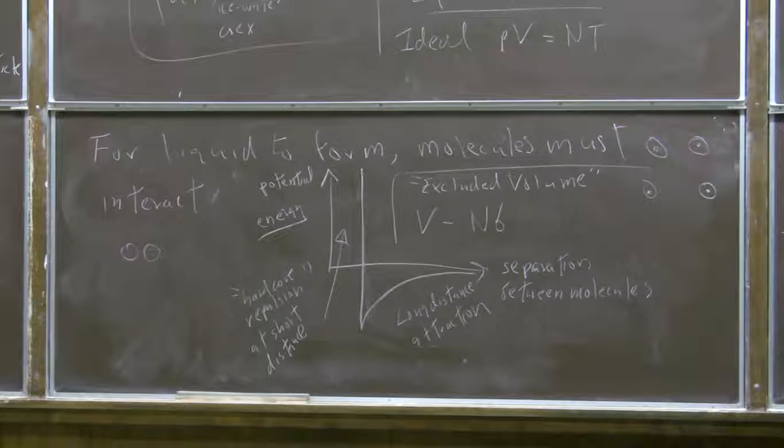Where a is positive. Now it's a negative contribution to the internal energy because it's an attractive long-range interaction. So this is how we'll modify the equation of state for the ideal gas. We'll include the excluded volume factor, and we'll include the effect of the long-range attraction treated in mean field theory, and we'll see the consequences of that next time.